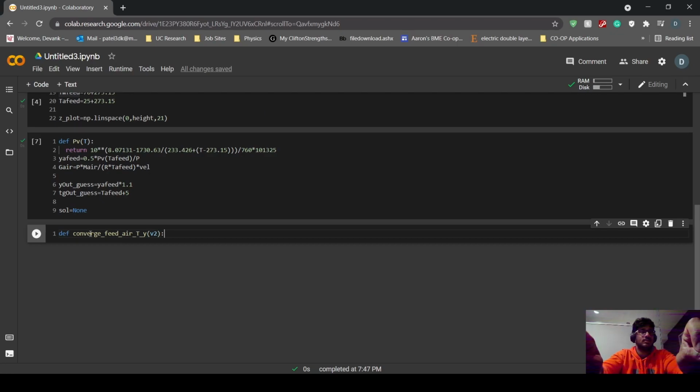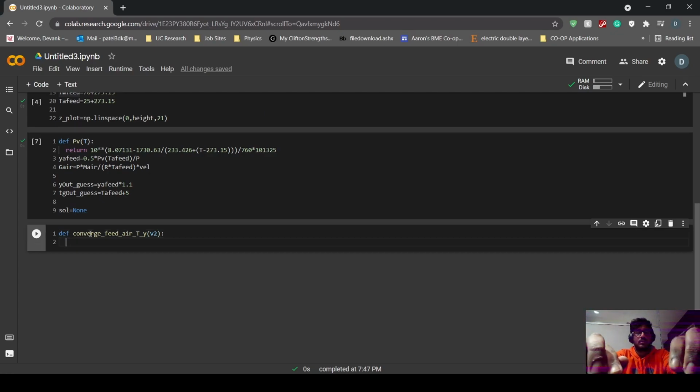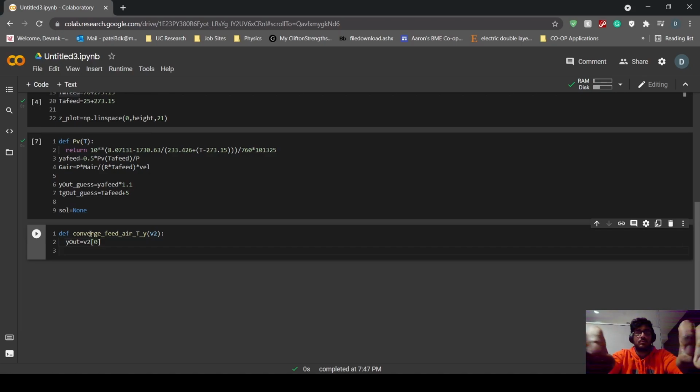And so inside this function, we're going to go ahead and say our y out is going to be equal to v0. And our Tg out is equal to v2.